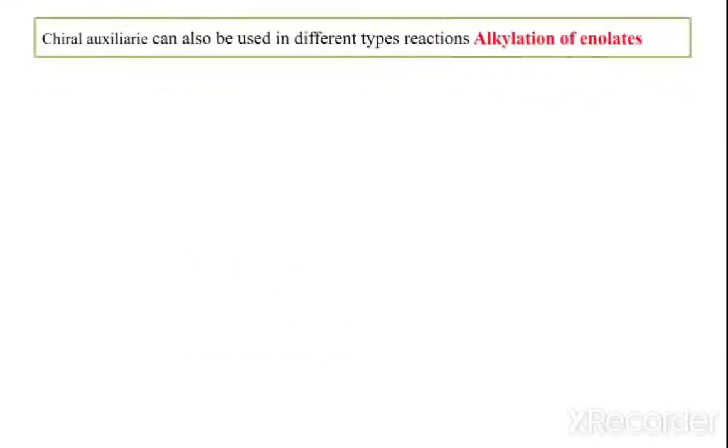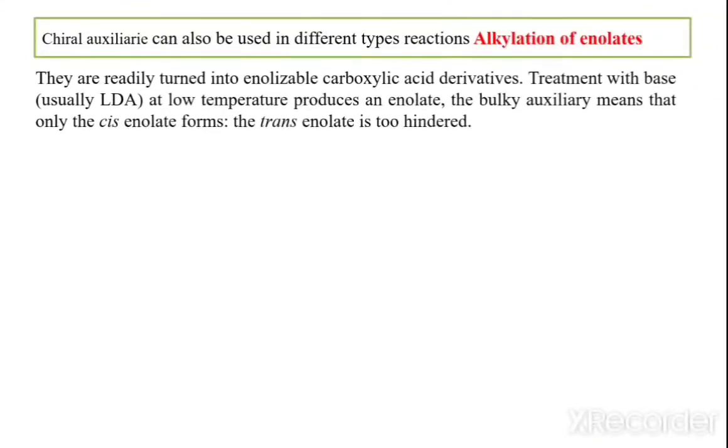Now the next, the chiral auxiliary can also be used in a different type of reaction, that is alkylation of enolate. The chiral auxiliary in alkylation of enolates.